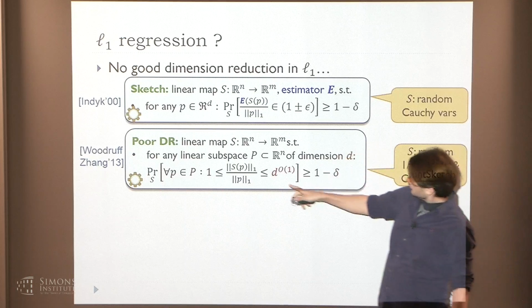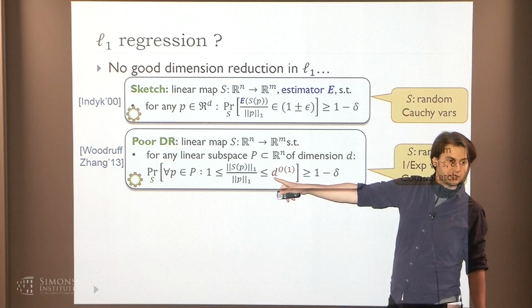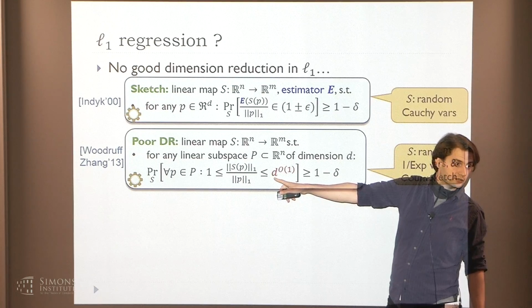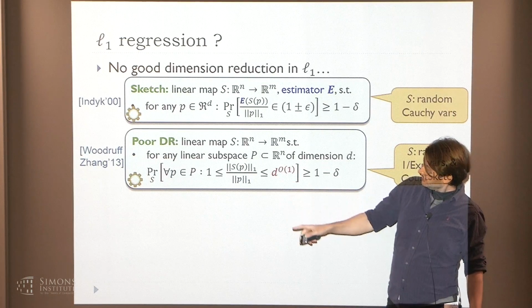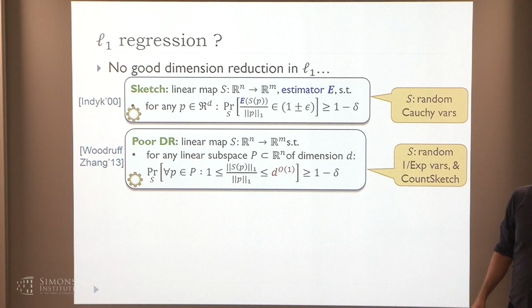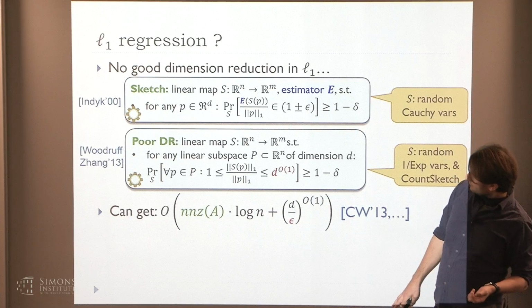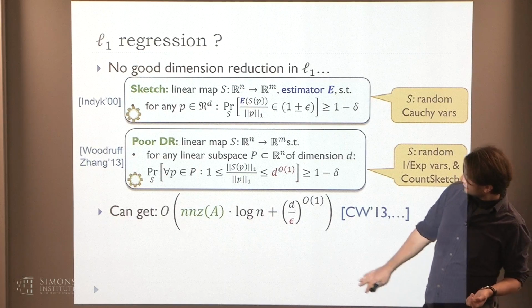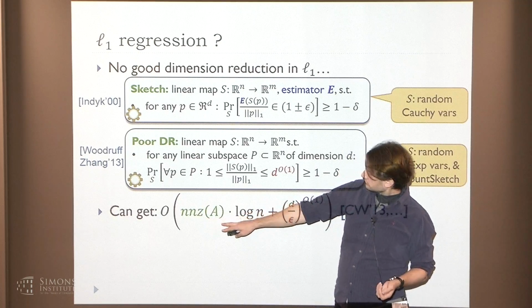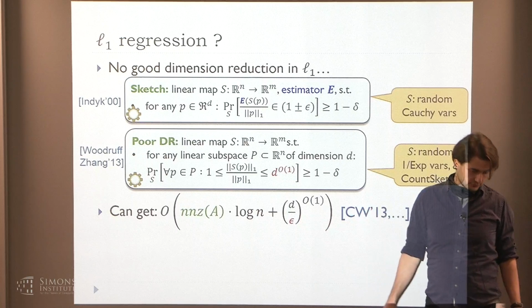Even though you get a much larger approximation from one oblivious subspace embedding, it turns out that you can use an iterative method to reduce the final approximation to 1 plus epsilon. What you can get at the end of the day is an algorithm that runs in time the number of non-zeros times log n, plus something polynomial in d over epsilon.